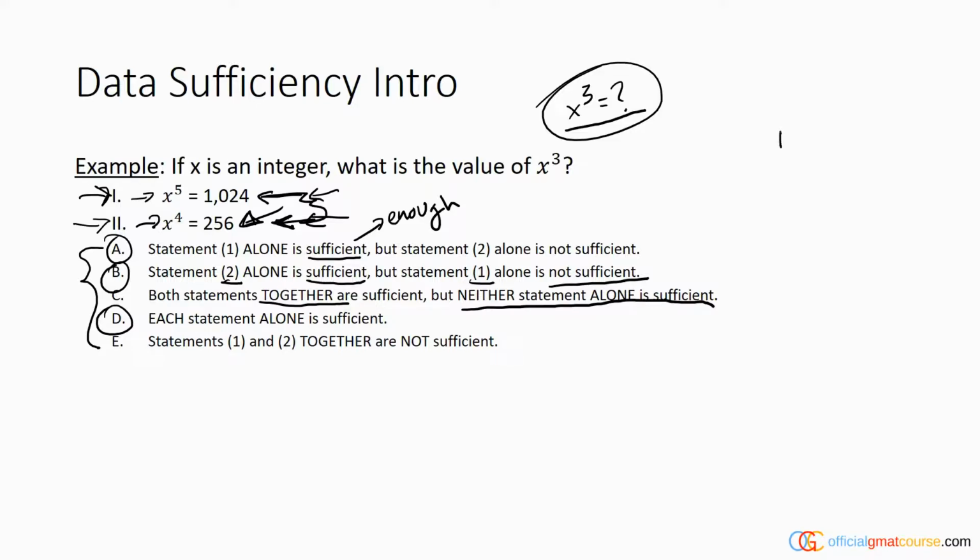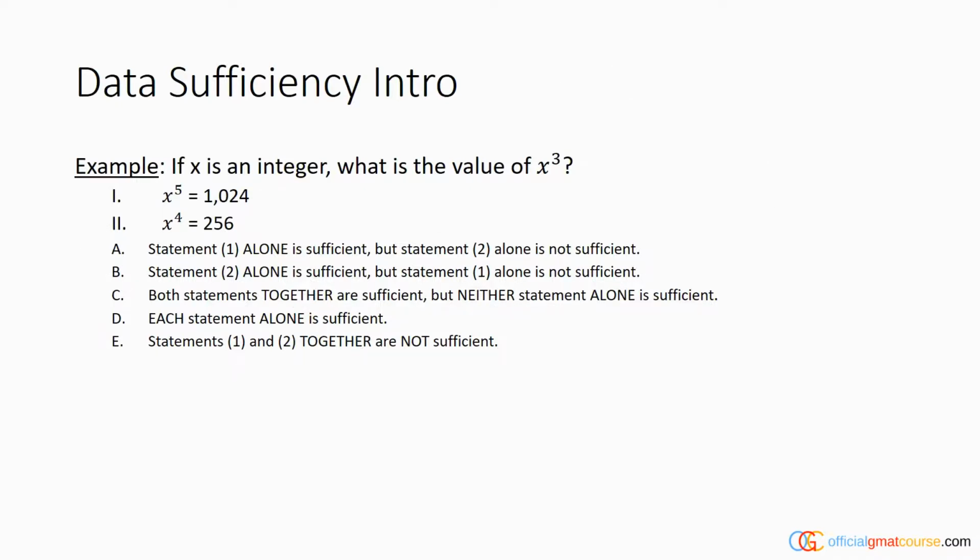In a hierarchy, D is the best answer, then A and B, then C, and then E. And E says even when we take both pieces of information together, it's still not enough information to answer the question. So again, our best possible answer would be getting a D. This is the hardest answer to get because it requires that both pieces of information on their own were sufficient.